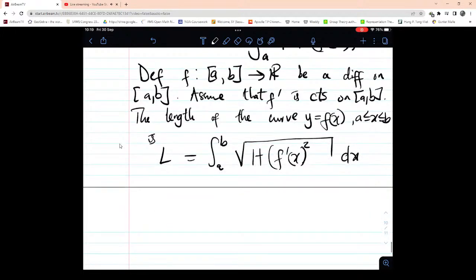This formula is all you need to know for this section.